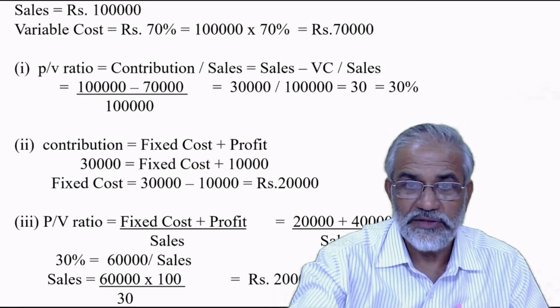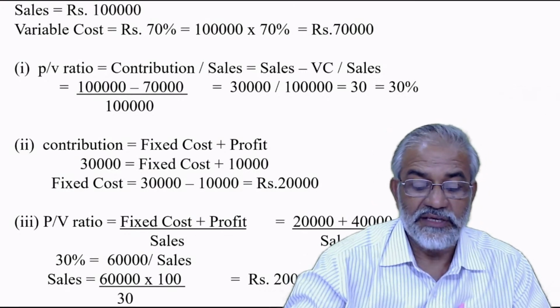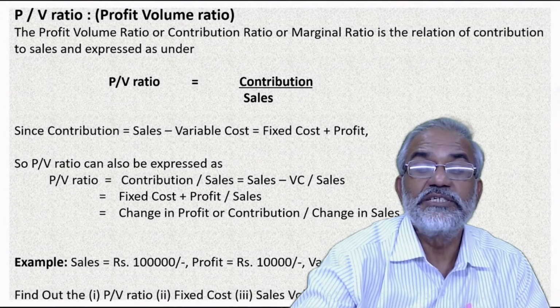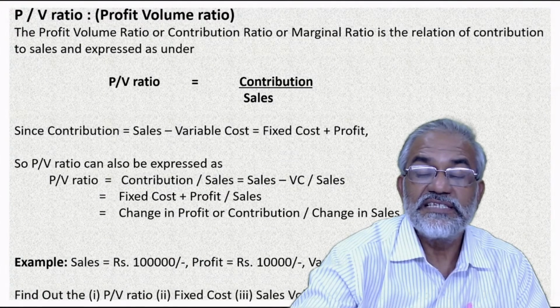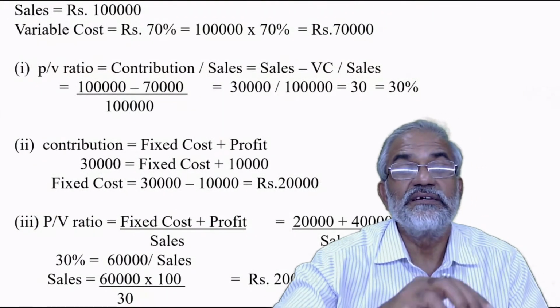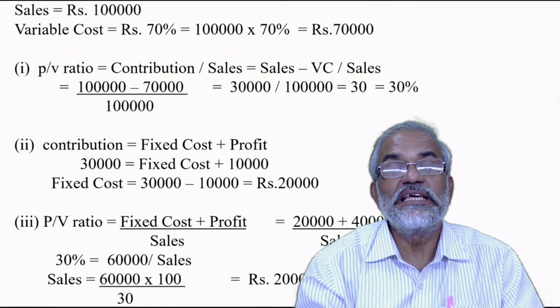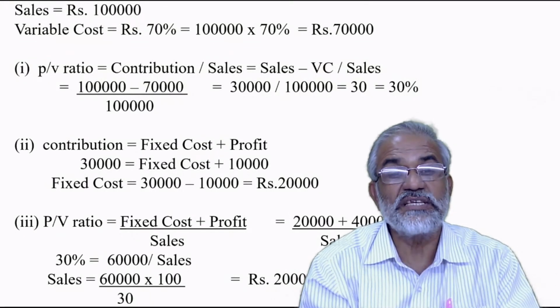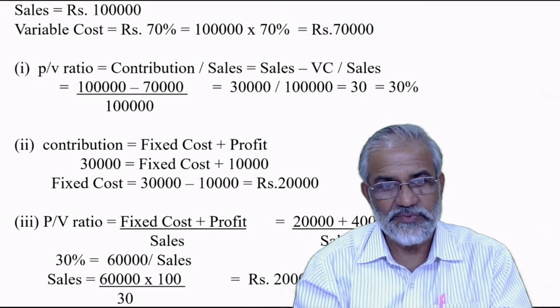The profit is given, if you refer to the earlier part, the profit is given to be 10,000, sales is given to be 1 lakh, and the variable cost is given to be 70,000. So for determination of the fixed cost, we can put the equation: contribution is equal to fixed cost plus profit.